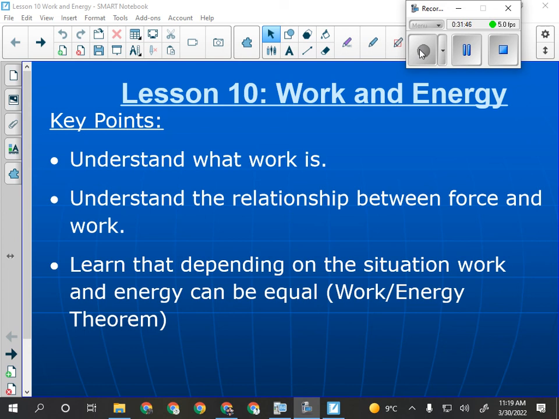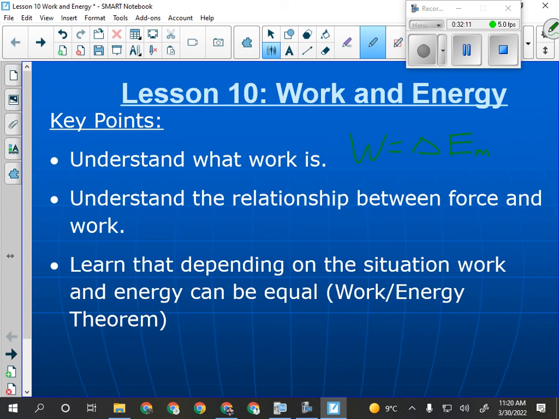So we have to understand what work is very simply. And also very importantly, work is a change in energy, in mechanical energy in particular. If I do work, I change the mechanical energy of either an object or a system.